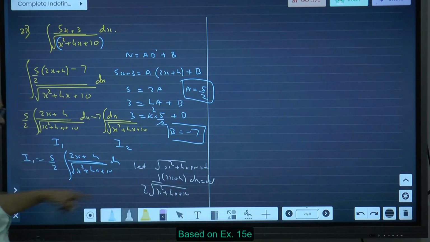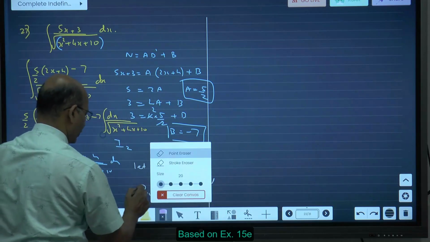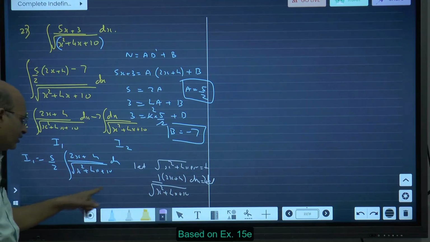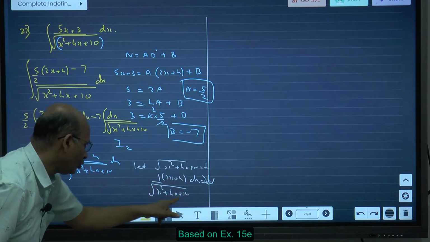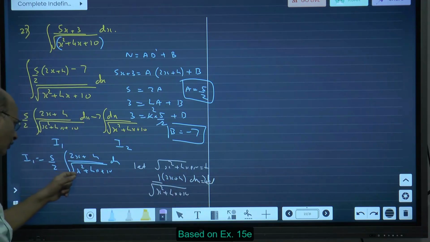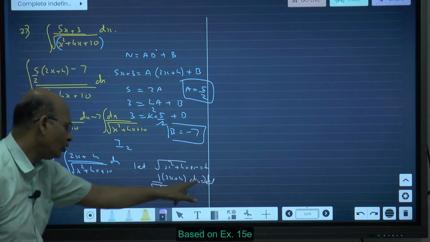Don't take common here. This 2 I can shift over here and eliminate this 2 right away. Just see, the full integrand got adjusted. 2x plus 4 upon square root of x square plus 4x plus 10 dx is 2 dt.